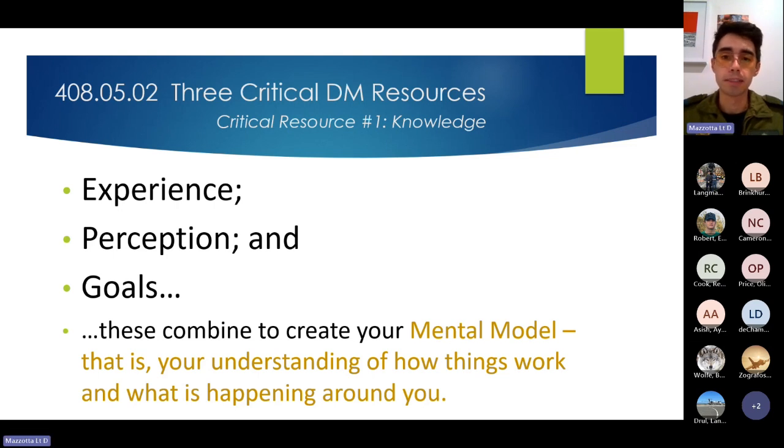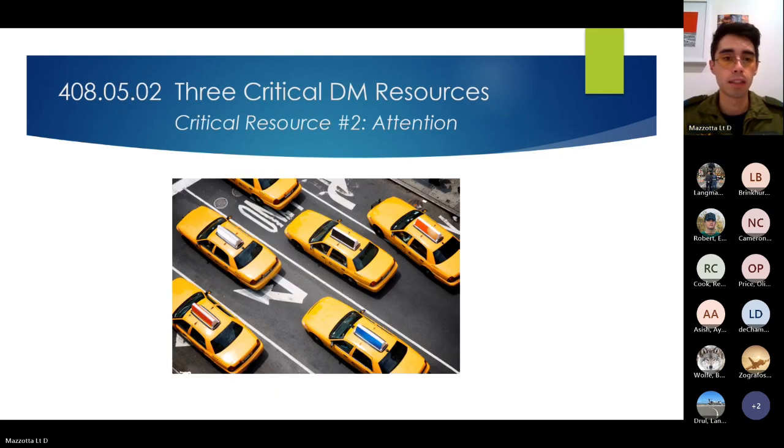Sometimes high levels of knowledge will help to save time and allow us to focus our attention on other situations as required. Hopefully that makes sense. We can develop and improve all of the above as we gain more experience in flying.